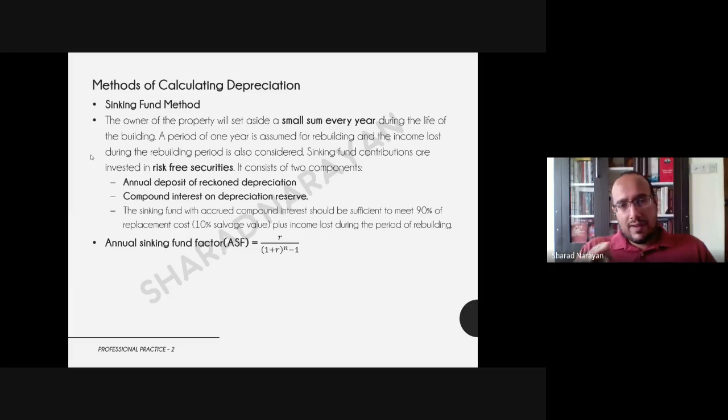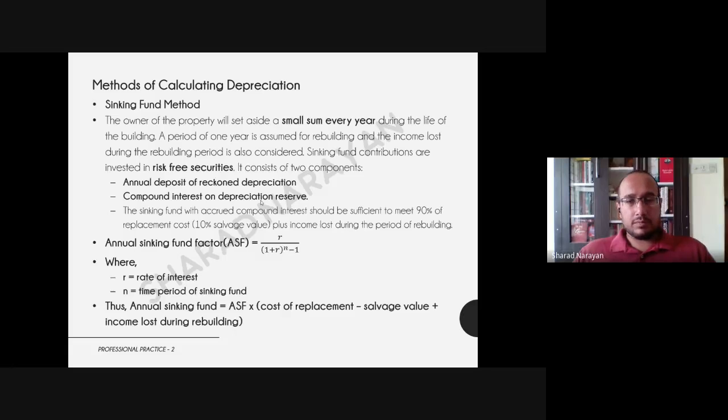The annual sinking fund factor is R by (1 plus R) to the power of n minus 1, where R is the rate of interest, the compound interest aspect, and N is the time period of the sinking fund. However many years you are going to put money into this sinking fund is the time period.